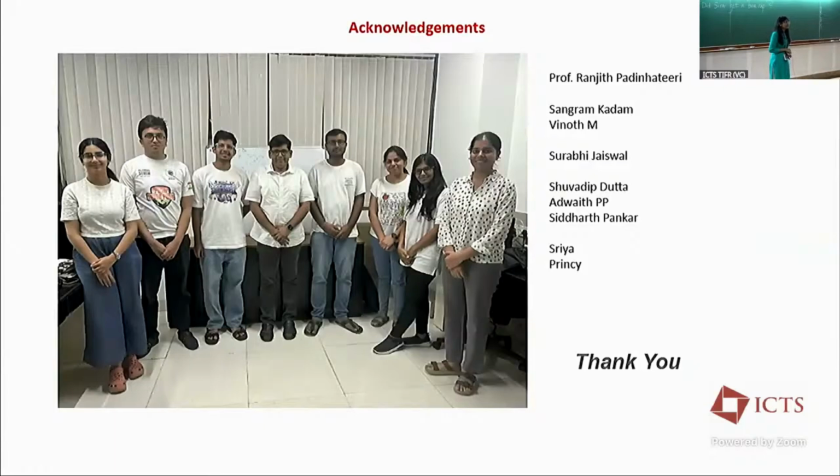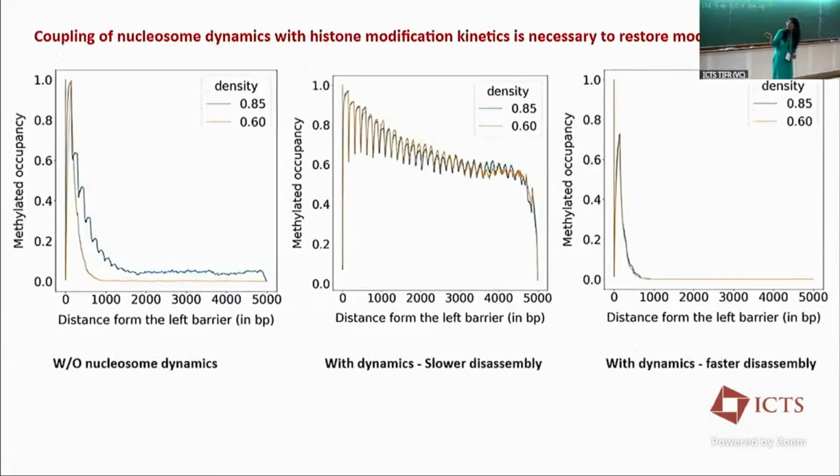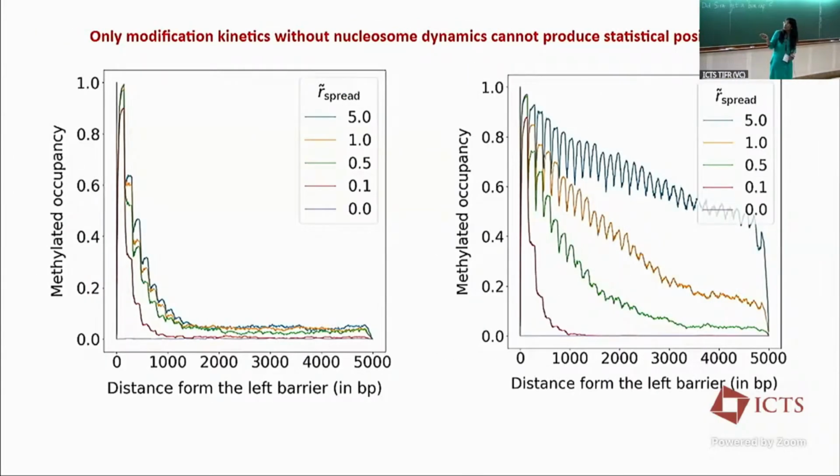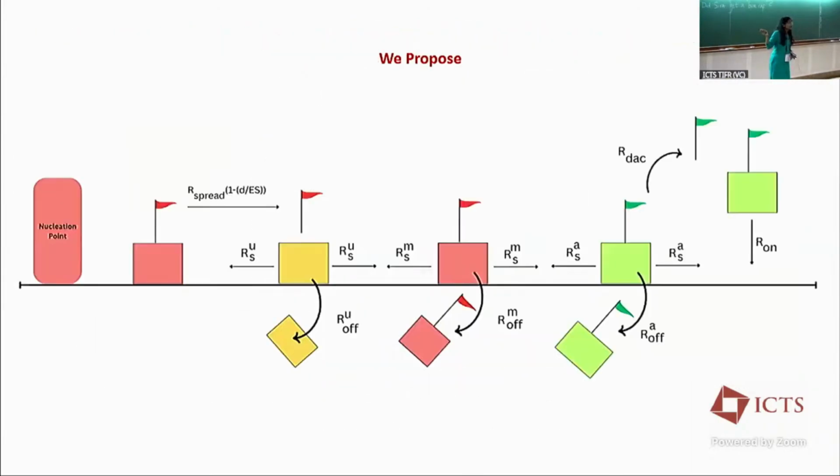It seems to me that the rules that you have proposed are all equilibrium rules. And you also have some spatial dependence. You're assuming some underlying diffusion? Not exactly underlying diffusion. You have a sliding term, isn't it? Correct, yes.